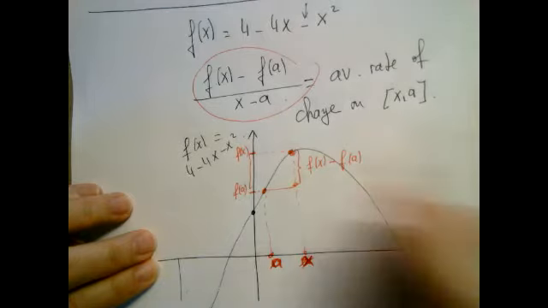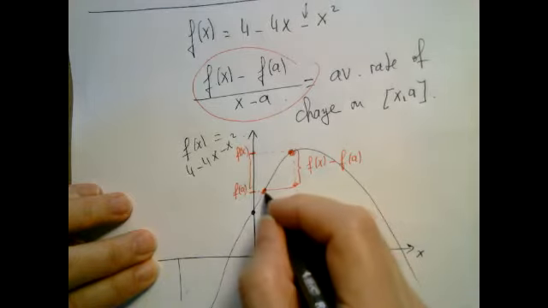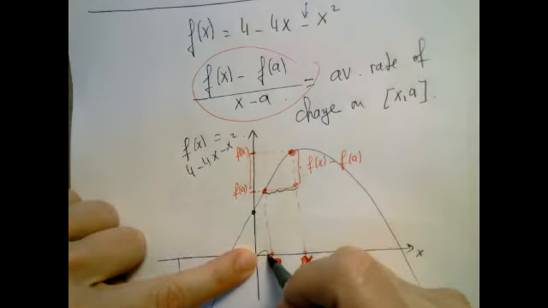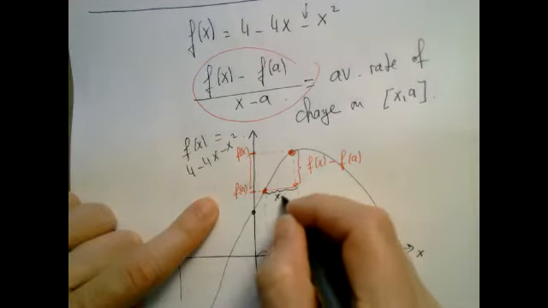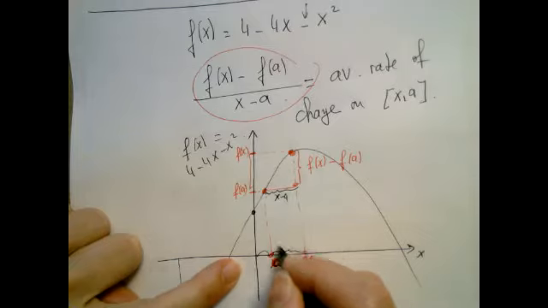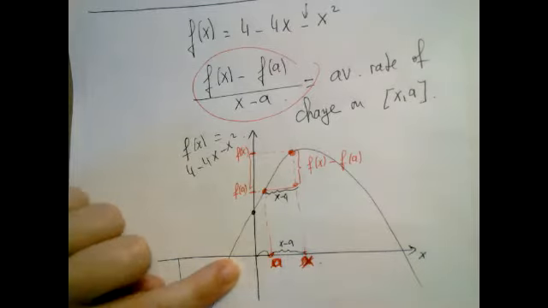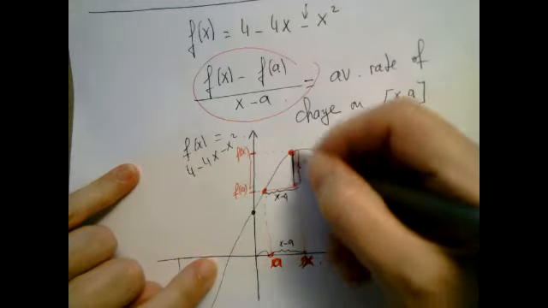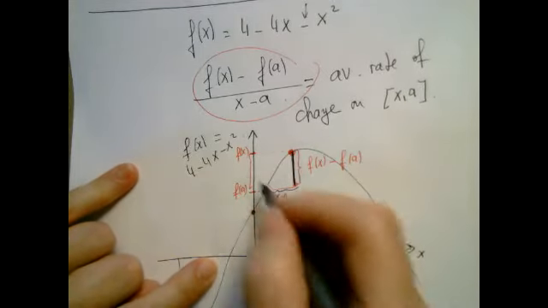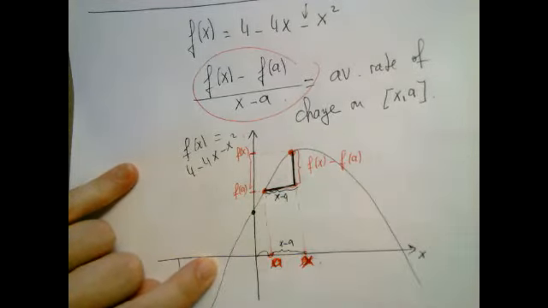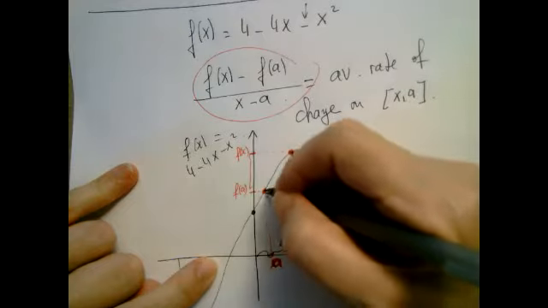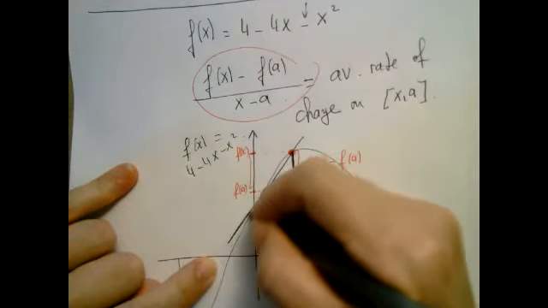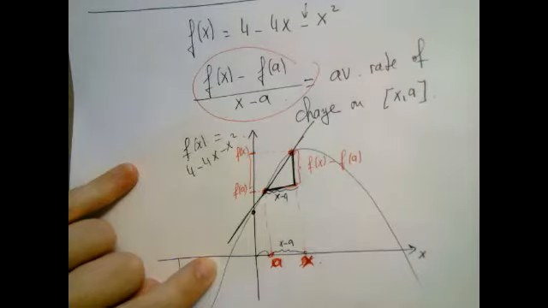And what's X minus A? X minus A is from here to here, because this is X and you take away A from it. This is X minus A, which is the change in X. So the difference quotient is the rise over the run, nothing more than the slope of the secant line.